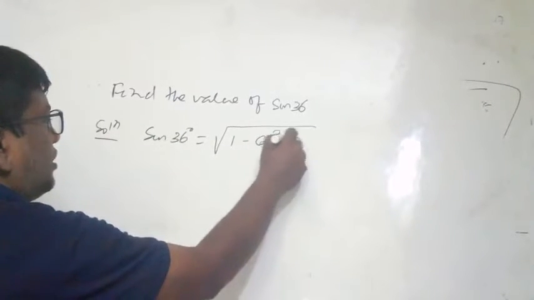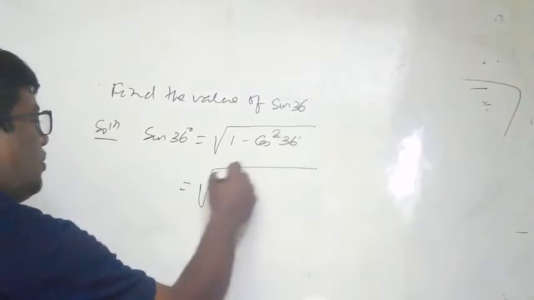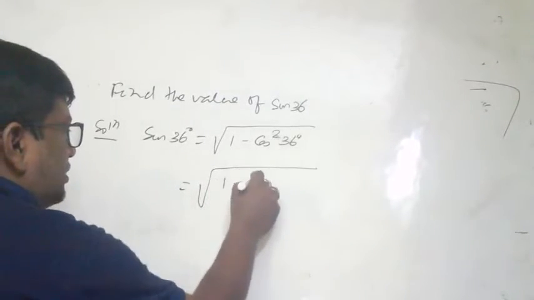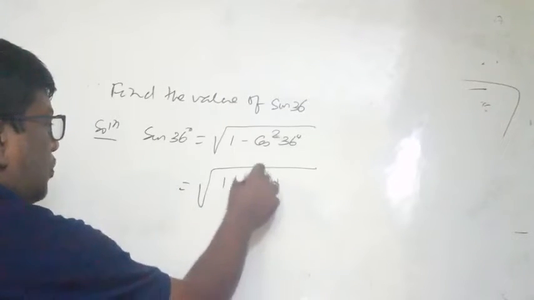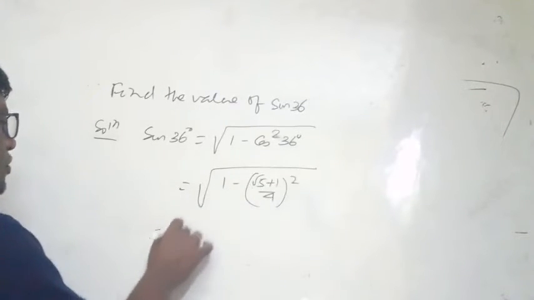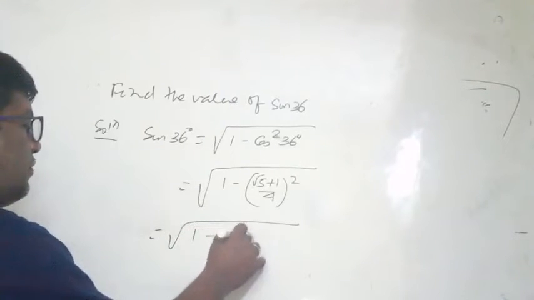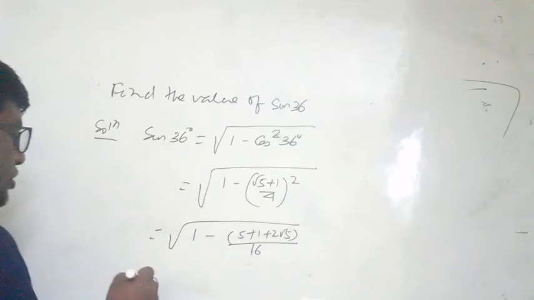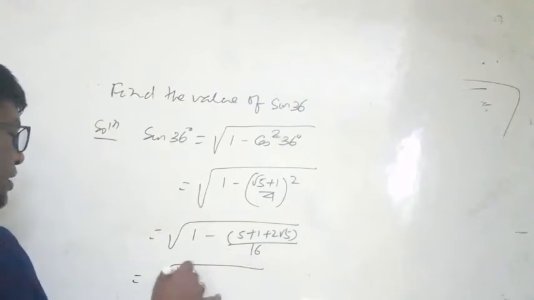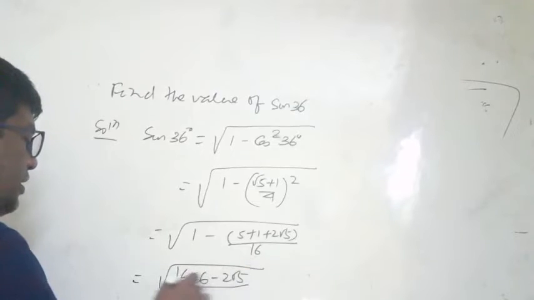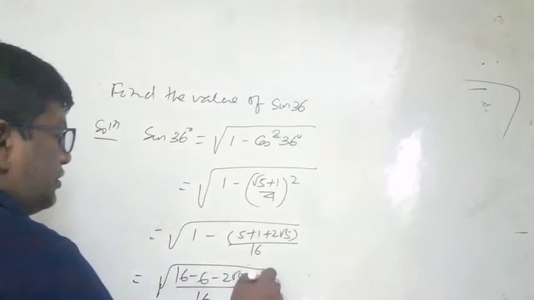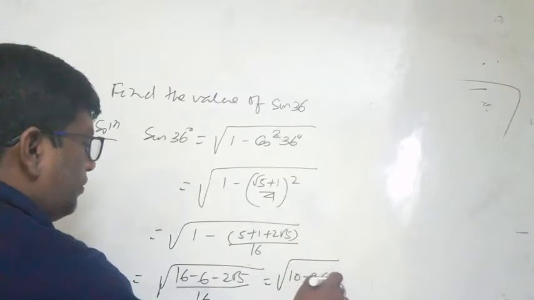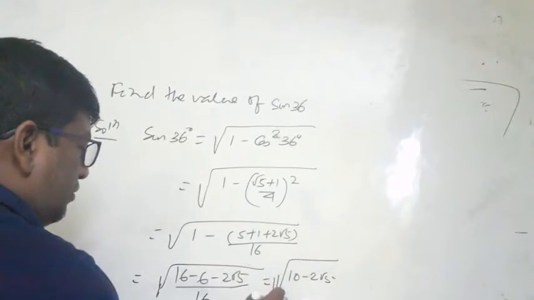What is the value of cos 36 degree? So cos 36 degree is root 5 plus 1 by 4 whole square. This is equal to root over 1 minus 5 plus 1 plus 2 root 5 divided by 16. So this is equal to 16 minus 6 minus 2 root 5 divided by 16. This is equal to 10 minus 2 root 5 divided by 16, which means 1 by 4 here.